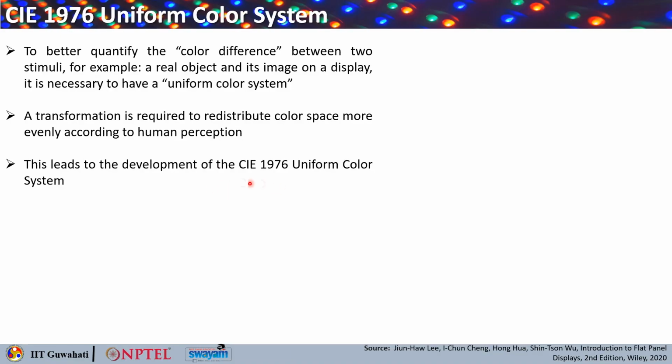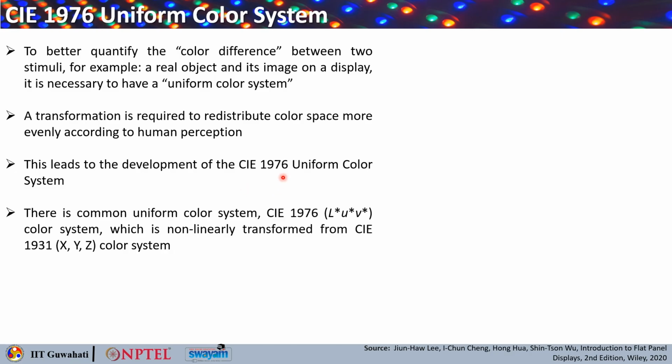Display is more about perception, right? Whatever real color you are able to see and the color your display is producing, there should not be any identifiable difference between those two colors, and that is why people moved to the uniform color system in 1976. This is a common uniform color system.